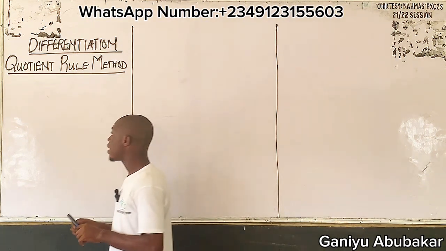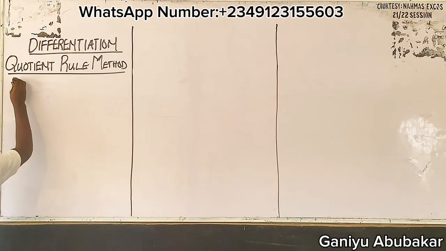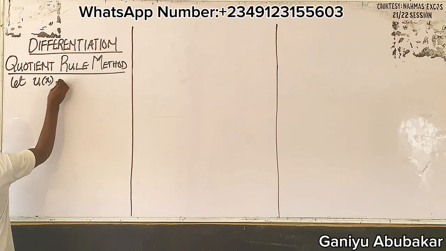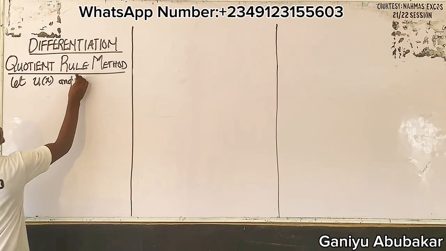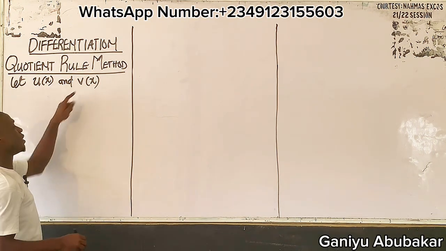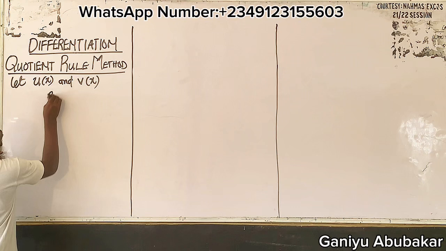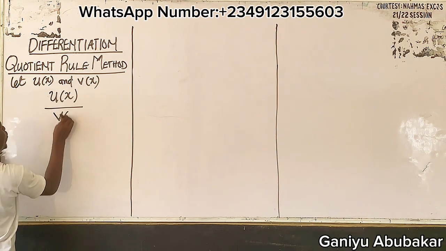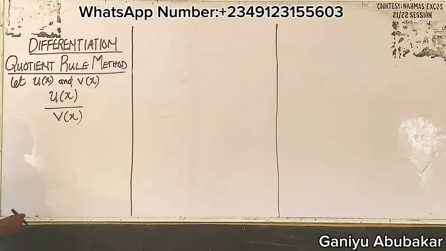So let's say I have u of x and v of x such that these two are dividing, that is, u of x is dividing v of x. From here, this becomes a quotient rule.